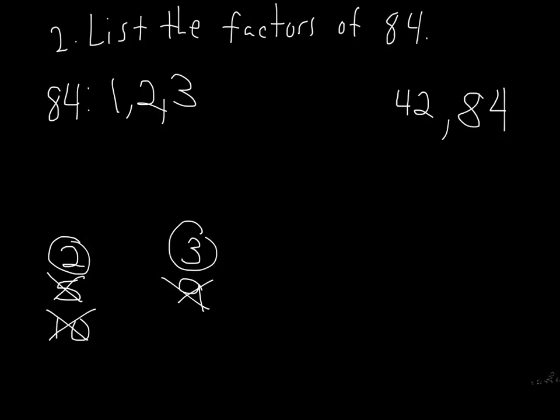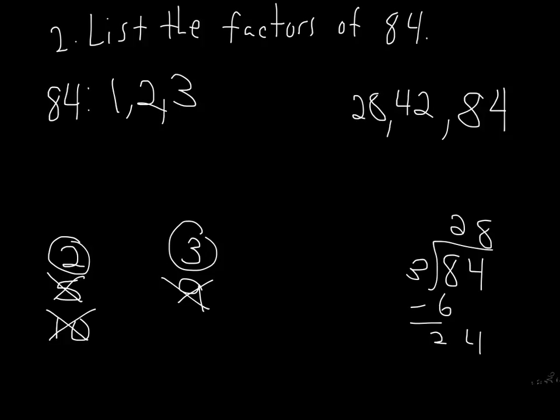Now we've got to know what goes with 3. So I can do 84 divided by 3, and I get 28. 3 times 28 is 84. Now, the next thing I look at is the 4's. Half of the even numbers are divisible by 4.